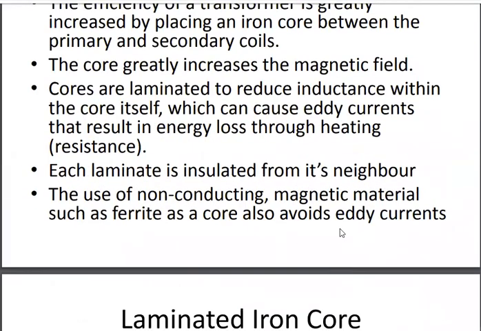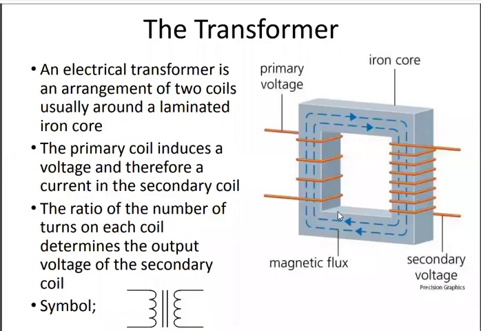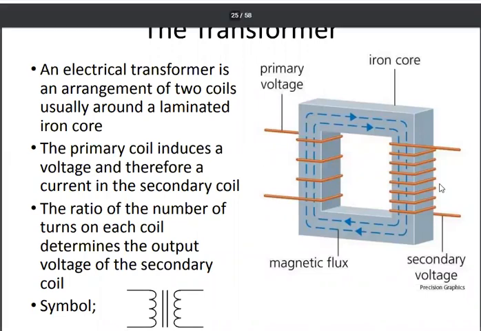So in order to increase the efficiency of the transformer, whatever energy is given at the input level must be obtained maximum at the output level. If there is eddy current, this eddy current will dissipate or waste the energy of the input level and the output level gets decreased.